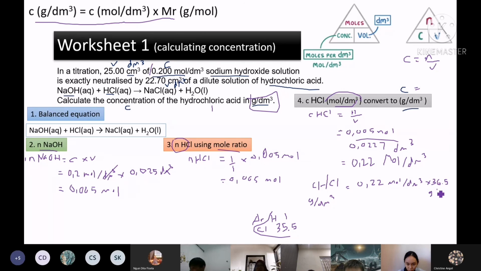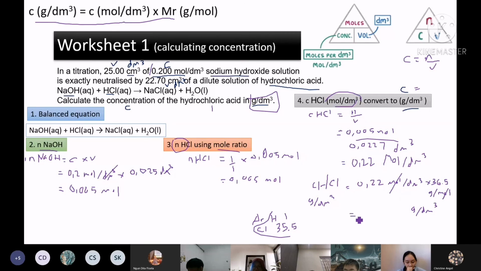Not only gram, we need gram per mole, miss. Yes, gram per mole. Very good. And then we can cancel mole, right? Mole to the power of minus 1. So grams over dm cube, the unit is correct. So what is the answer?